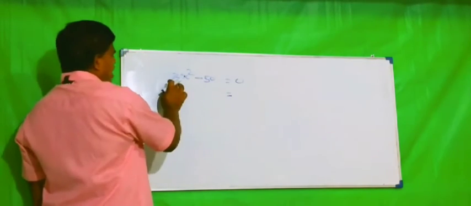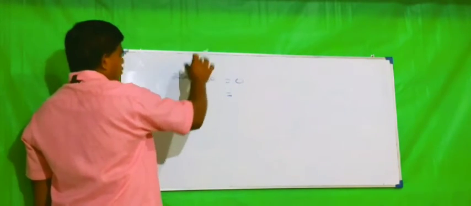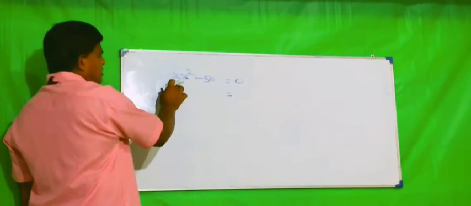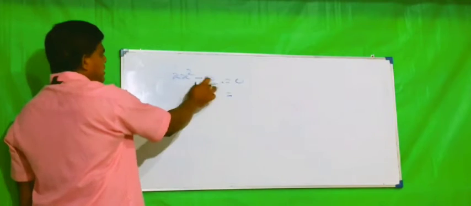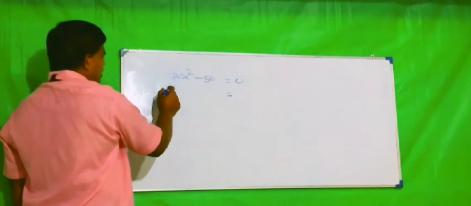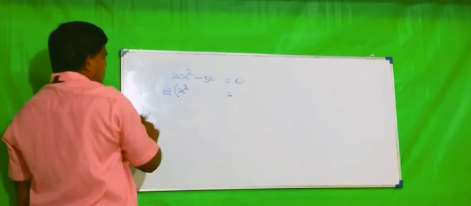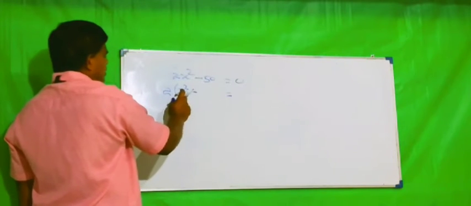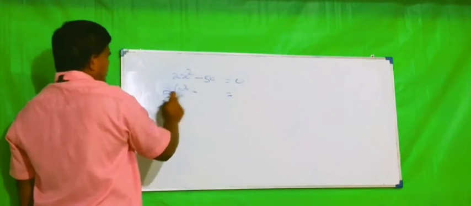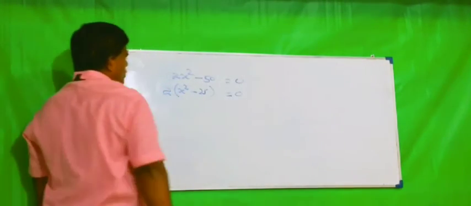Initially we should find the common factor; that is the first method in solving a quadratic equation. Here 2 is common, and 2 can be taken out of the bracket. The remainders are s squared minus 25, since 50 divided by 2 leaves 25, equals 0.